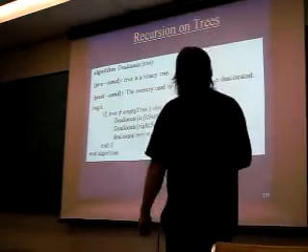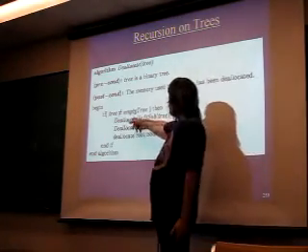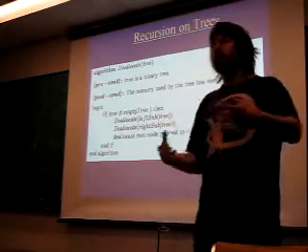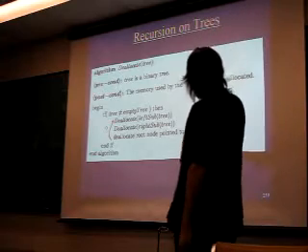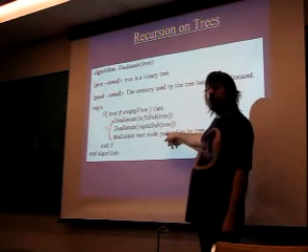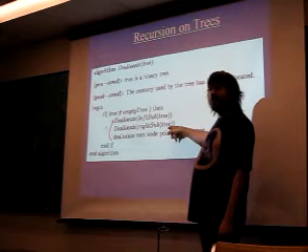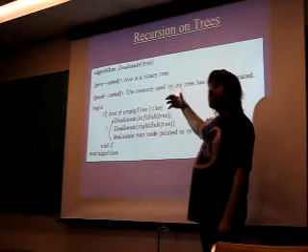Deallocating, if the tree is empty, there's nothing to do. But if it's not empty, you deallocate the left, deallocate the right, you deallocate the node, right? What happens if I deallocated the root first? You lose your reference to the left and right.